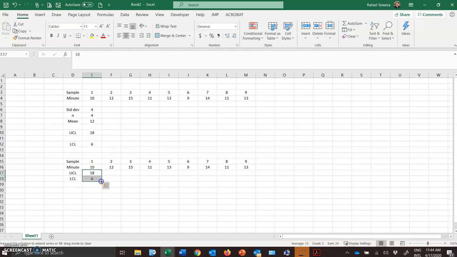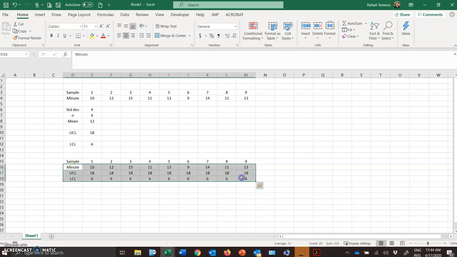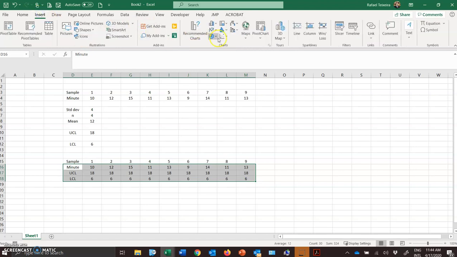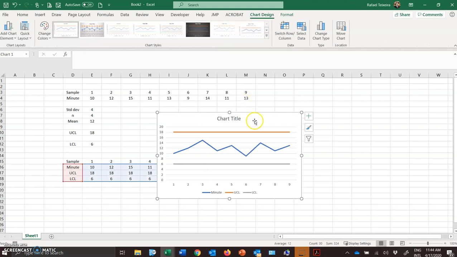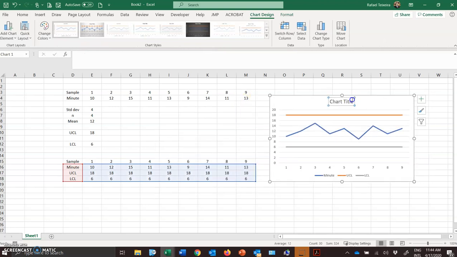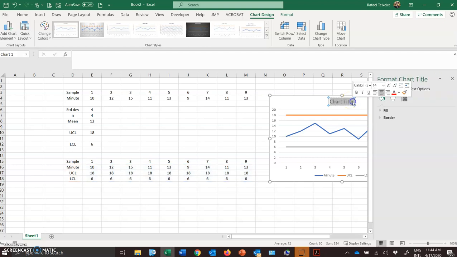You select the cells with the mouse and copy all the numbers, and then select these cells here and go to insert, and then select this line, and then you have here the control limit. Then you can edit the chart. I'm not going to spend time editing the chart, but you can edit the X bar control chart.